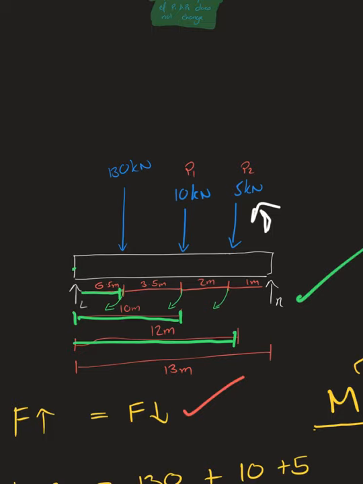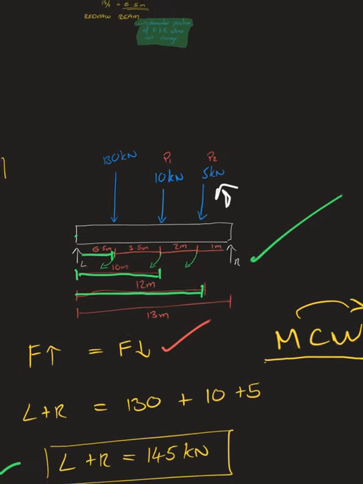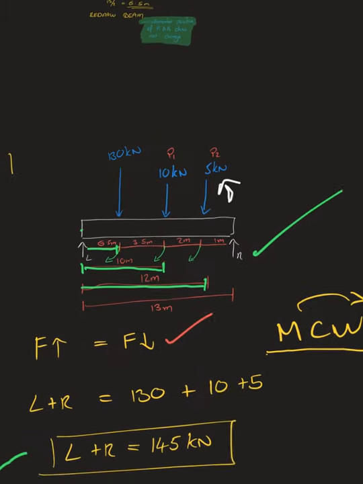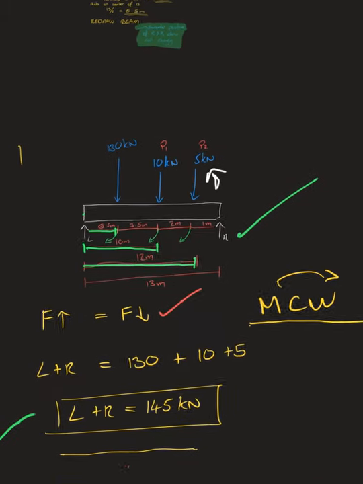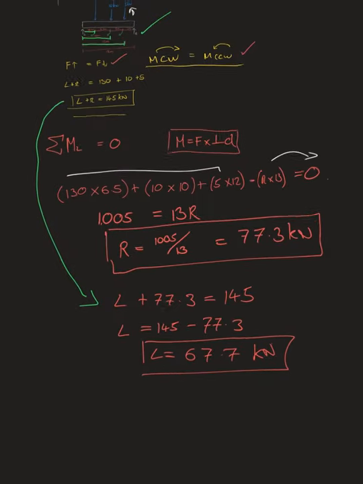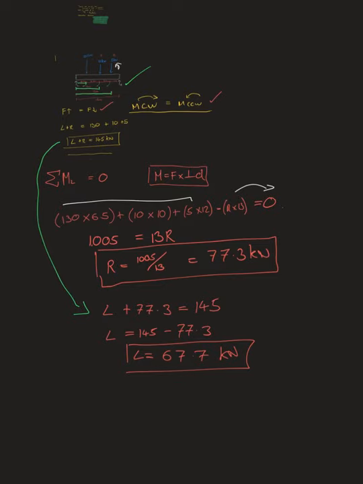So in this case it's L. So our distance for the 130 is 6.5. Our distance for P1 is 10. Our distance for P2 is 12. And the distance from L to R is 13. They're the values I use. I can solve for R. I find the value, I go back to my statement of forces, and I find the value for L. That's how I finish off that question.